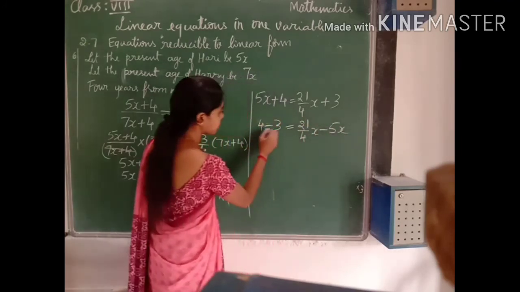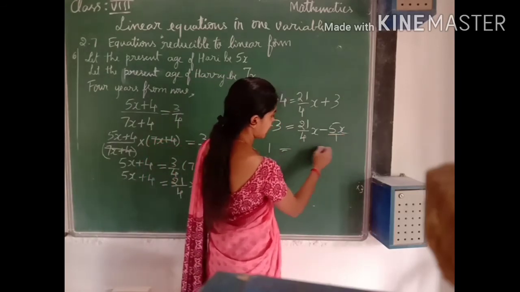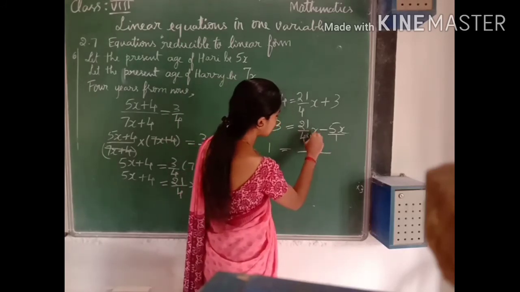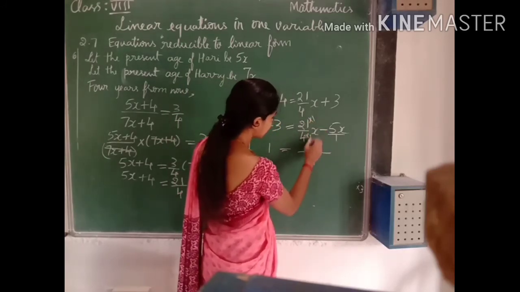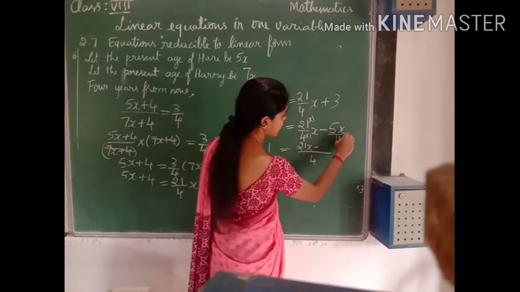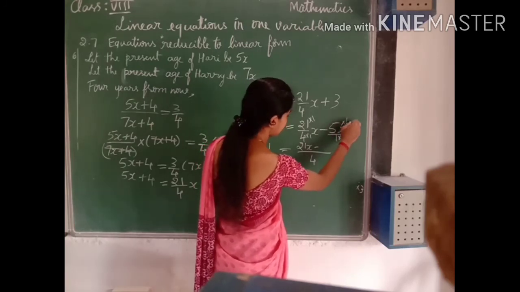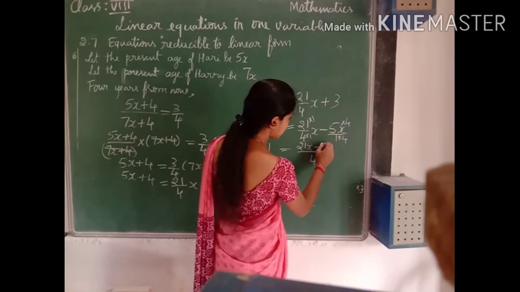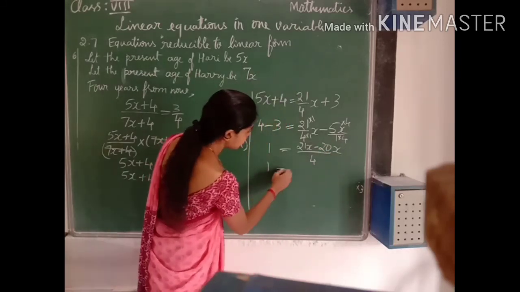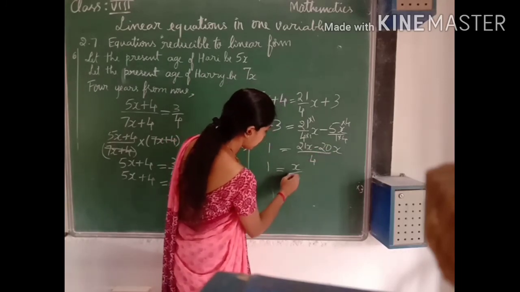Now 4 minus 3 is 1, that is equal to, here what is the LCM? The LCM of 1 and 4 is 4. So 4 1s are 4, multiply by 1: 21x minus 5, 1 4s, so multiply by 4: 21x minus 20x. So 1 is equal to 21x minus 20x, which is x divided by 4.